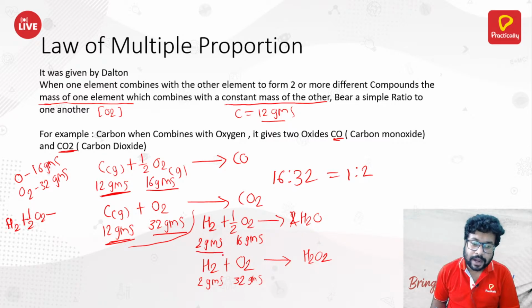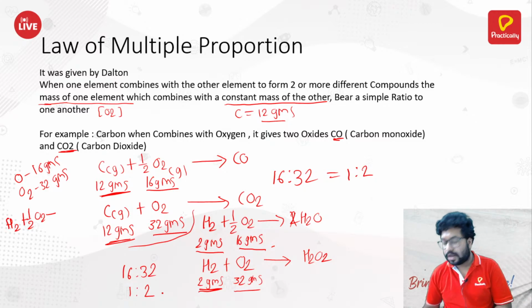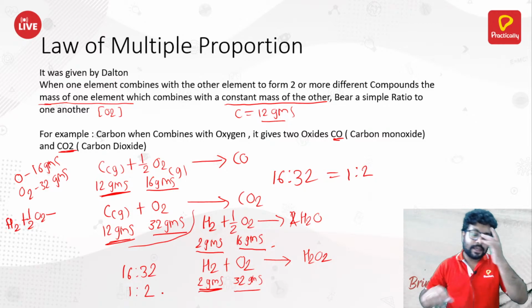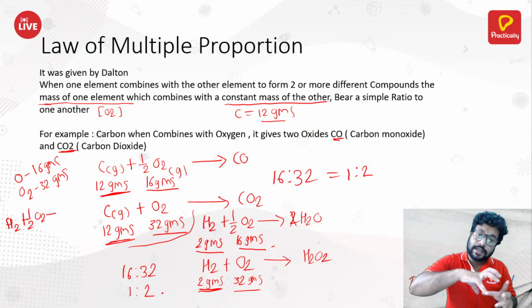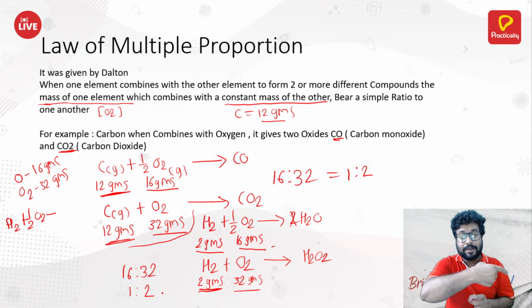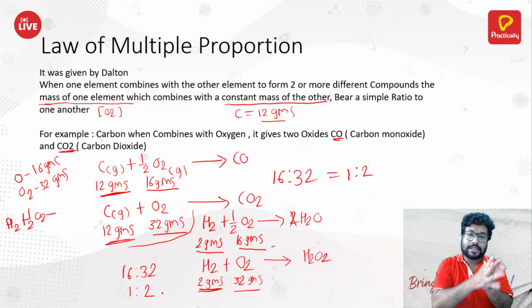So 2 grams of hydrogen is the same here, right? It is the same. And look at this ratio again. This ratio is 16 as to 32. If you make it simple, it becomes 1 as to 2. That's how the law of multiple proportion works. That means the element which combines with the constant mass of the other element. So for the element which has a constant mass, you don't have to take the ratio of its weight.